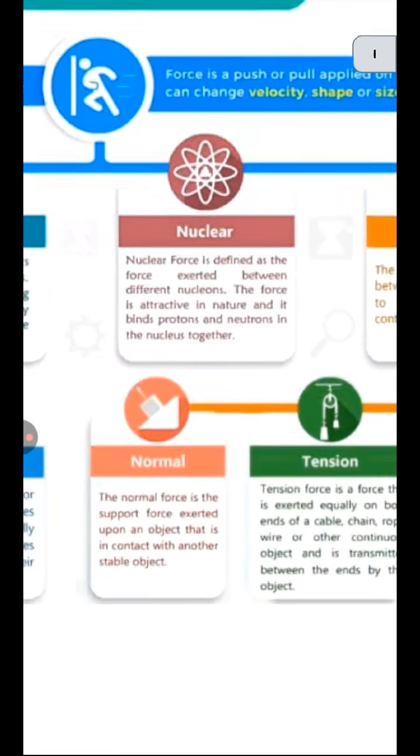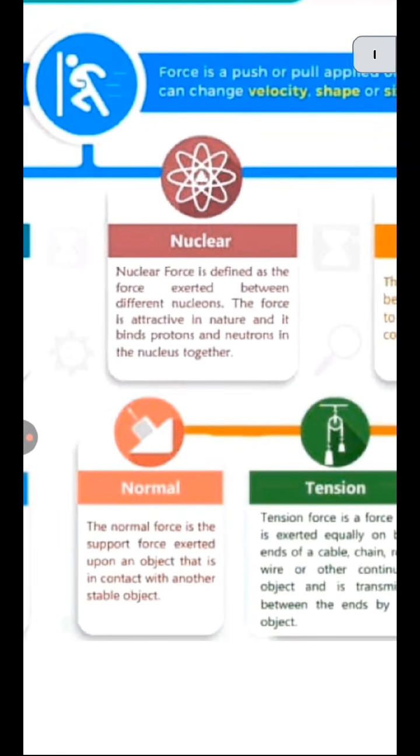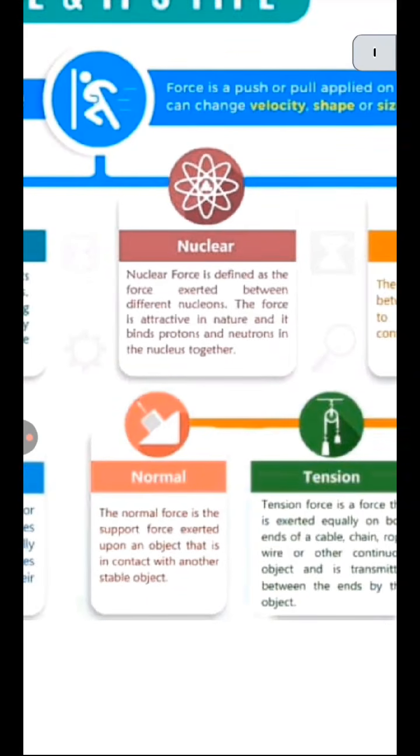Coming to the third type of force: nuclear force. The nuclear force is the force exerted between different nucleons.